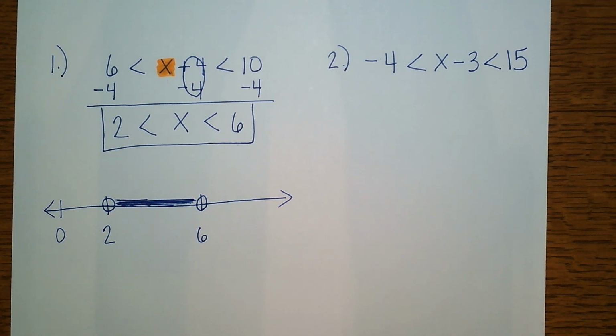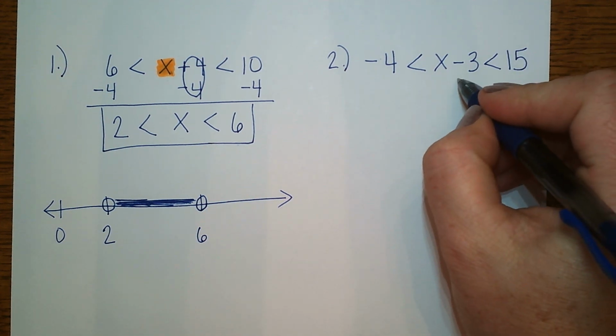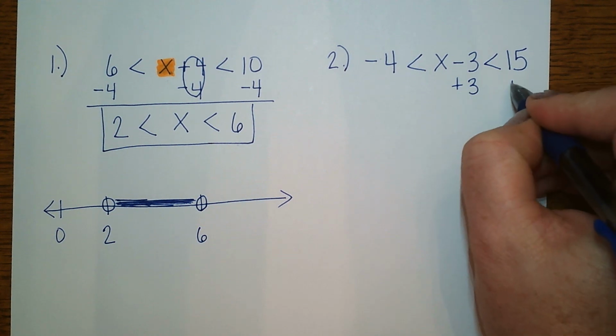And I would like for you to pause the video and work this problem out, and then play it again and see if your steps are the same as my steps as I work it out. So go ahead and pause the video, work it out and graph it, and then play it, and you can see how I work it out and graph it as well. Okay, my first step is going to be add 3.